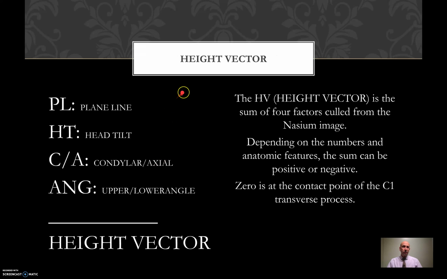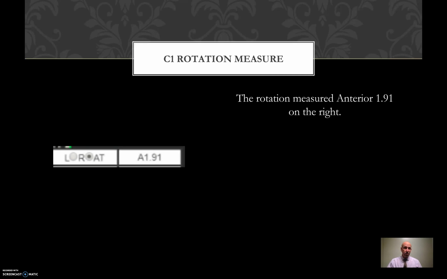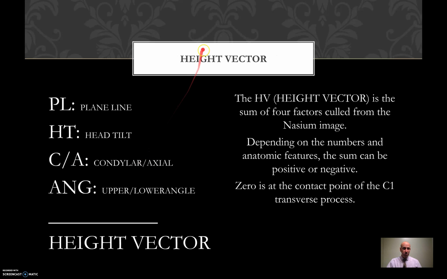So now that concludes the analysis, but not the calculations. So in order to come up with the height vector, which is the vector off of the nasium, by the way, this C1 rotation vector is the rotation vector. So that measurement is the rotation vector, whereas in this case, in order to get the height vector off the nasium, we have to sum four values.